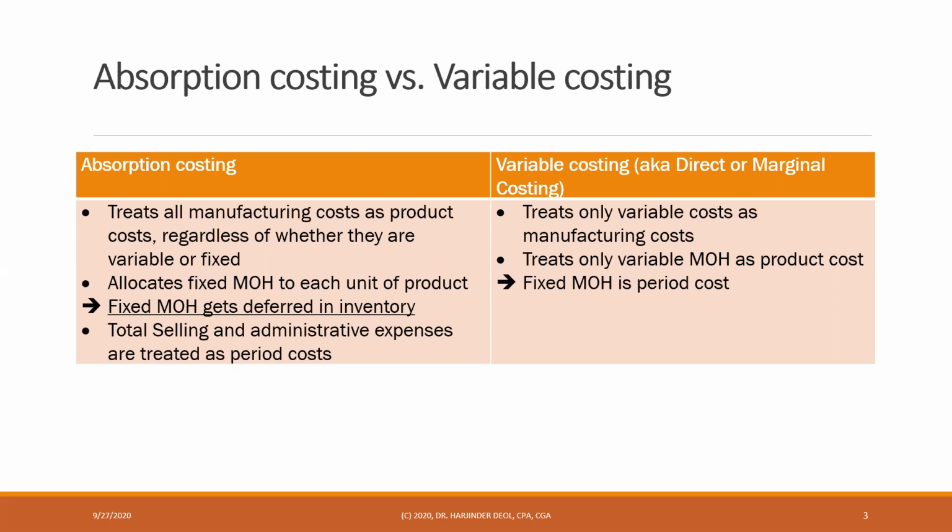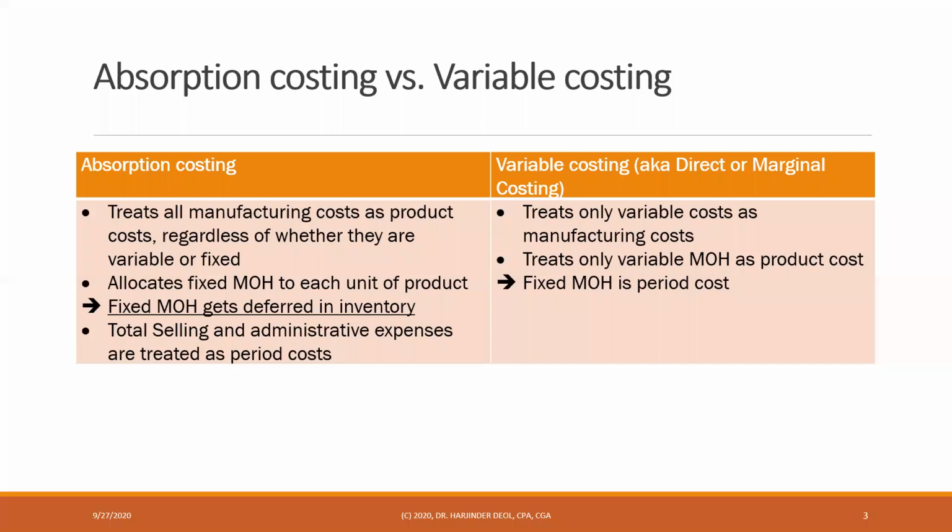Variable cost, guys, is something that is completely avoidable. At zero production, your total variable cost is zero. So these guys believe that the variable cost is the only true manufacturing cost. Likewise, they will treat the variable manufacturing overhead cost as part of the product cost as well.